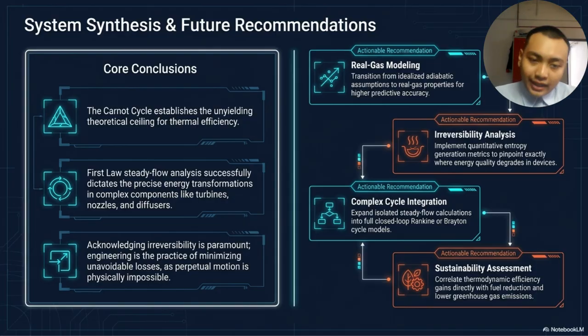Third, complex cycle integration, expanding individual device calculations into full Rankine or Brayton cycles. Last of all, a sustainability assessment, where we connect thermodynamic efficiency gains directly with lower greenhouse emissions.